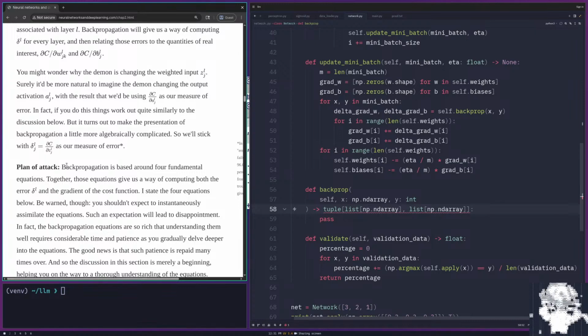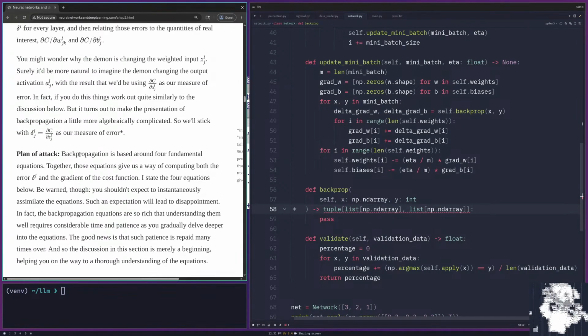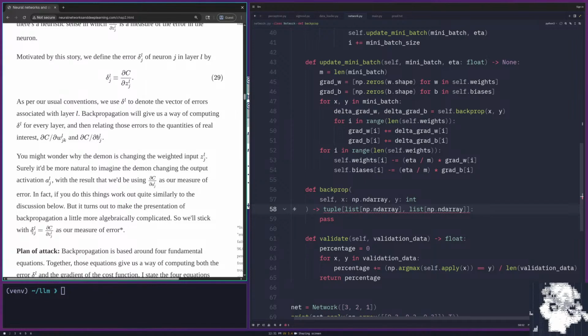Okay, plan of attack. I already know the plan of attack. It's figure out a way to calculate the partial derivatives of the cost function with respect to the weighted inputs, and then use that to figure out the partial derivatives of the cost function with respect to the weights and biases, and then use that to figure out how much we should be moving.